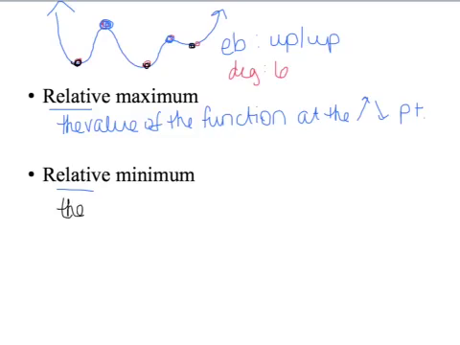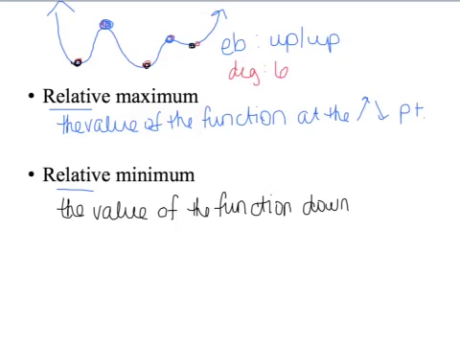So we're going to write this definition as the value of the function where it switches from decreasing to increasing, or at the down-up point. And just to make sure that you know, when I'm saying down, I'm really talking about decreasing, and up refers to the increasing switch.